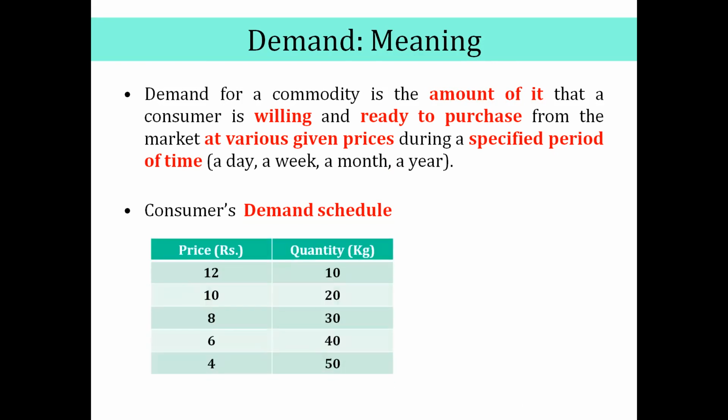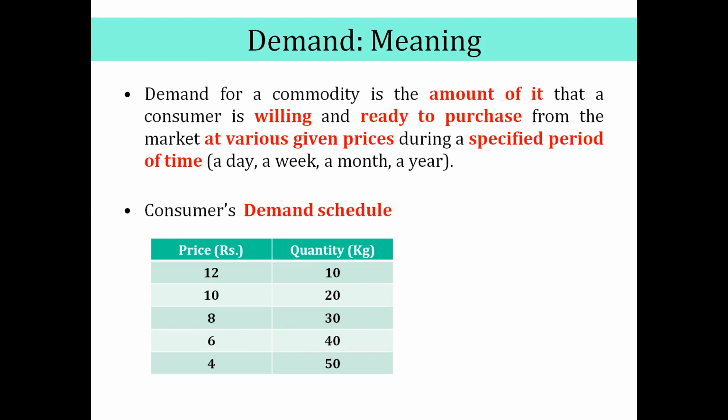A consumer's demand schedule shows the various quantities of a commodity that the consumer is ready and willing to purchase at different market prices. So this table, which shows the demand schedule of the consumer, shows that at price 12, the consumer is ready and willing to purchase 10 units of the commodity. At price 6, the consumer is ready and willing to purchase 40 units of the commodity.